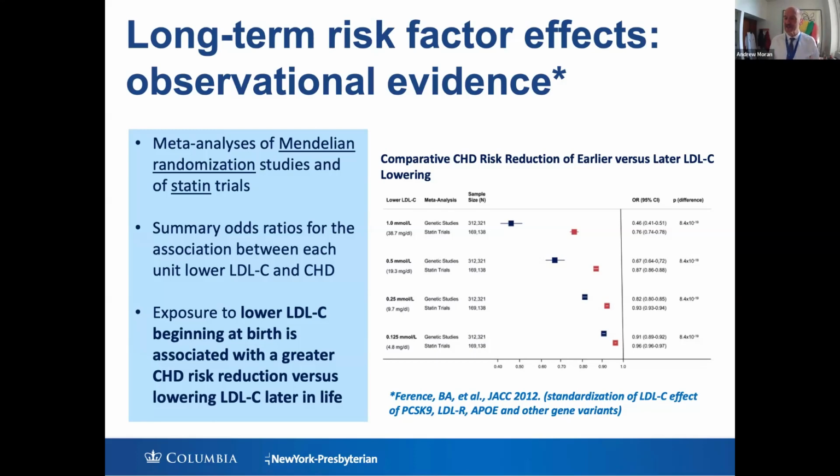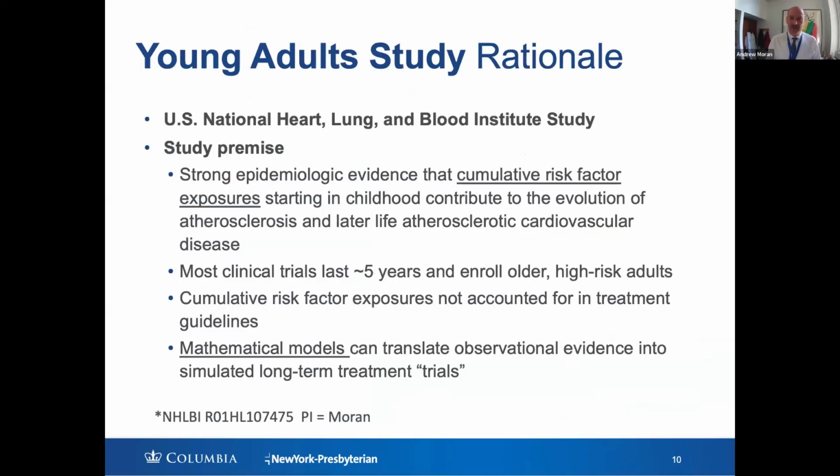This is a lower exposure they have for their entire life versus a statin, which you might start at age 40 or 50. So it's really about the cumulative exposure to LDL cholesterol. And you can think of it sort of like pack years of tobacco, if you're familiar with that concept.